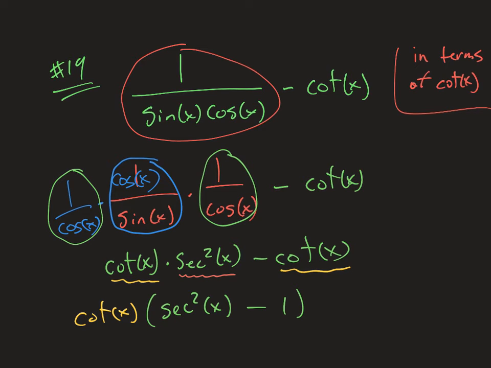And this thing right here is one of our Pythagorean identities. This is actually a tangent squared of x. So now I have this cotangent of x times the tangent squared of x. I've run out of screen, so I'm going to move over to the next slide and I'll finish working on that expression. Cotangent of x times tangent squared of x.